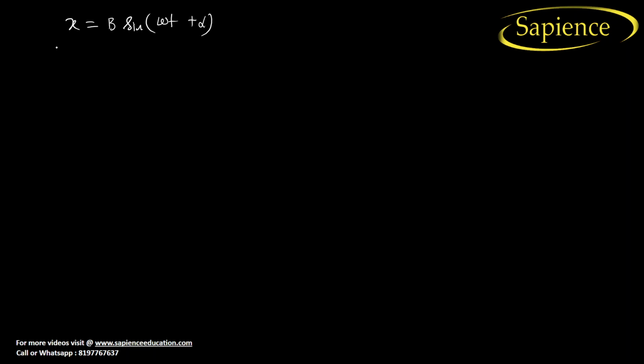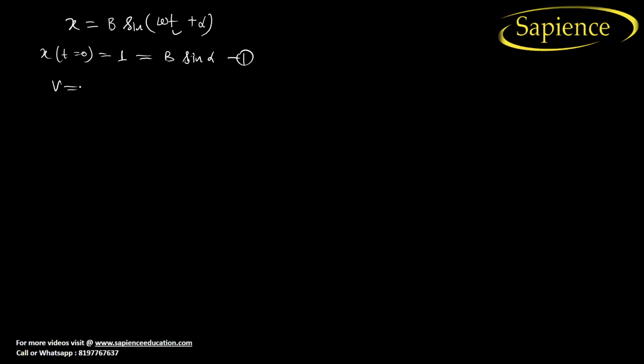Now the initial conditions are the same. So x at t equal to 0 is equal to 1, and this is equal to B sine alpha, because if you put t equal to 0, we will get B sine alpha. So this is equation 1.